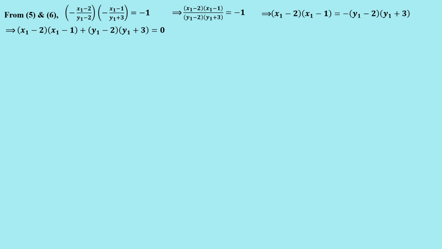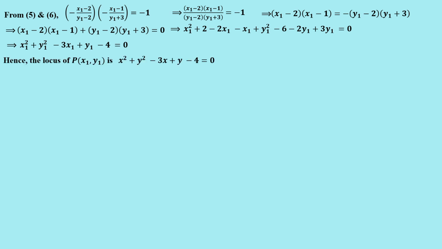Taking all the terms to the left hand side, (x1 − 2)(x1 − 1) + (y1 − 2)(y1 + 3). Simplifying, multiplying each and every term: x1² + 2 − 2x1 − x1 + y1² − 6 − 2y1 + 3y1 = 0. Simplifying, you will get x1² + y1² − 3x1 + y1 − 4 = 0.